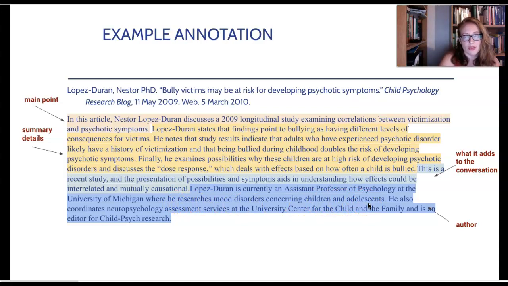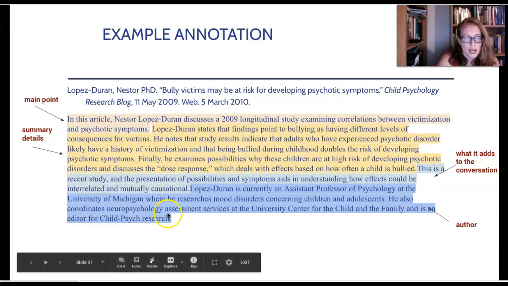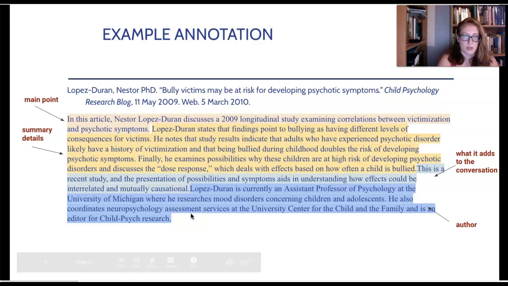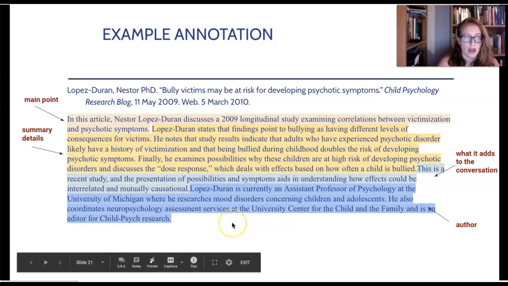Again, you might see some of those vague author bios that just say this person is a freelance writer with a degree in English, but they're writing about technology. Not relevant. He also coordinates neuropsychology assessment services, so we know another affiliation and work-related thing that he does that is part of his expertise. So we have a lot of that for this person.